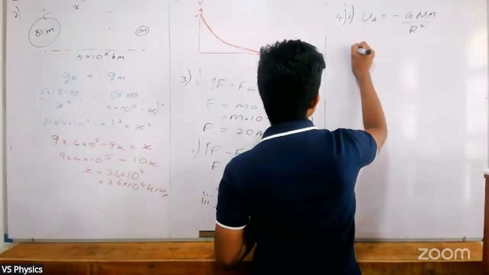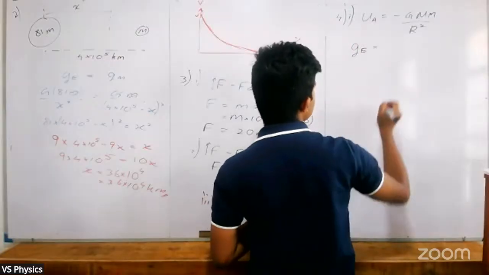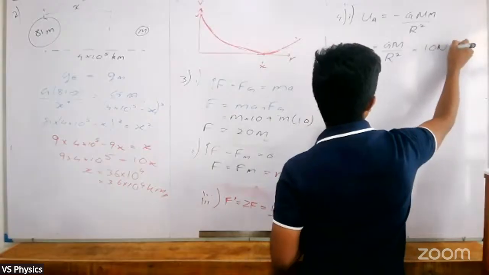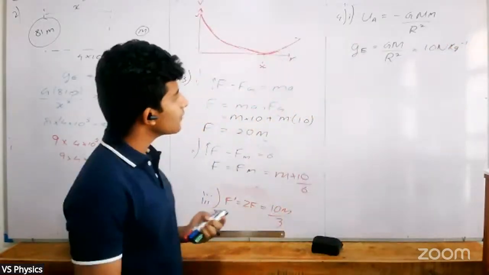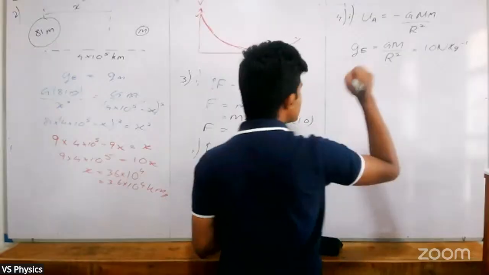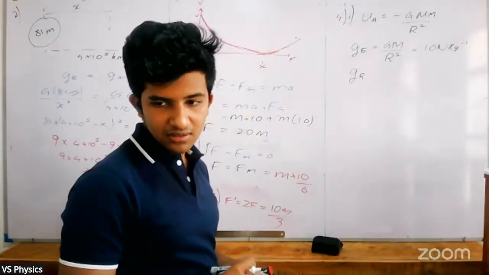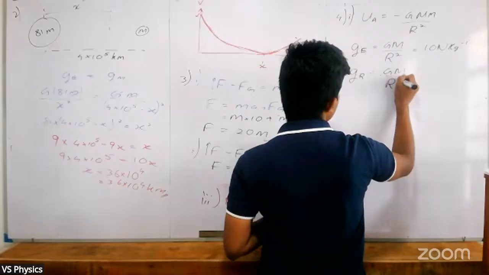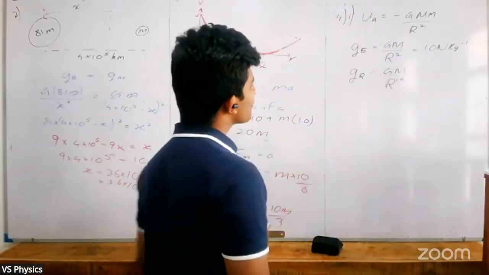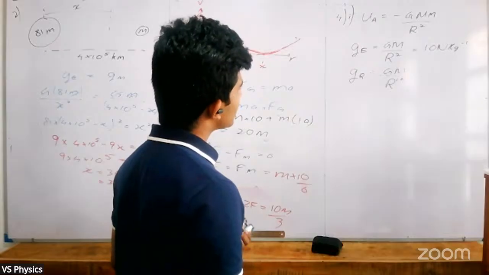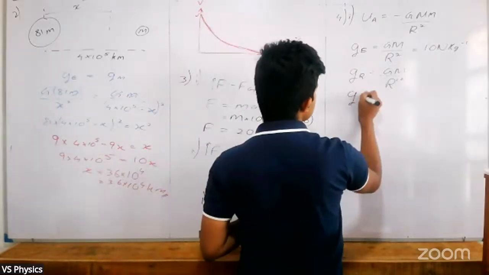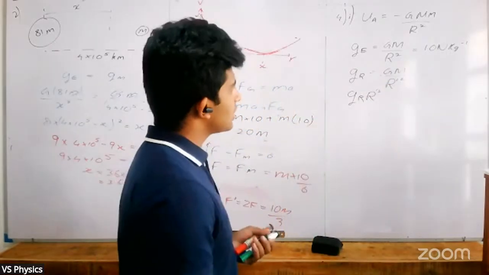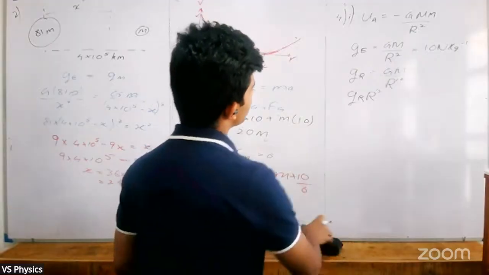We know the gravitational acceleration on the surface of the Earth is GM over R square, and this has been given a value of 10 newtons per kilogram. Gravitational acceleration at a distance R dash from the center can be given as GM over R dash squared.